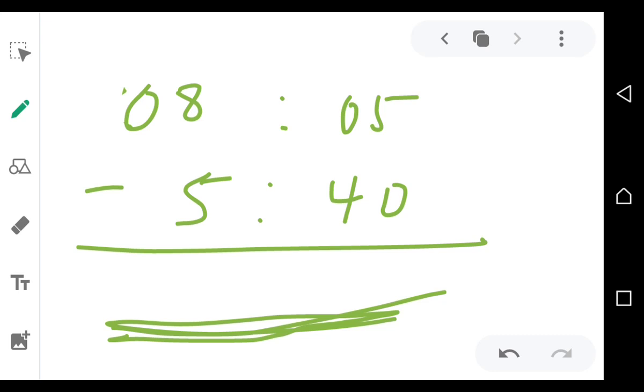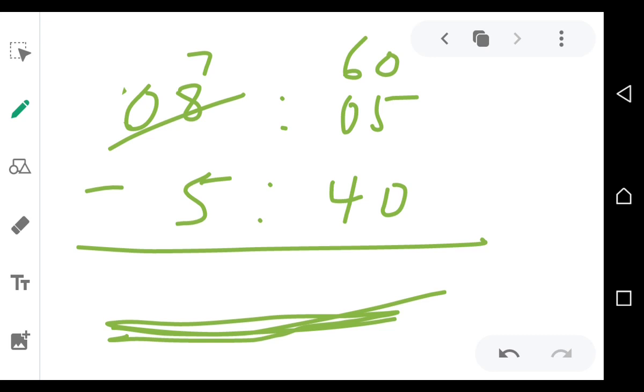So when it's like this, you always get 1 hour from the hours. You pick 1 hour from 08 hours, so it becomes 7 hours. You add that 1 hour on this side, it becomes 60 minutes. You can't subtract 40 from 5.